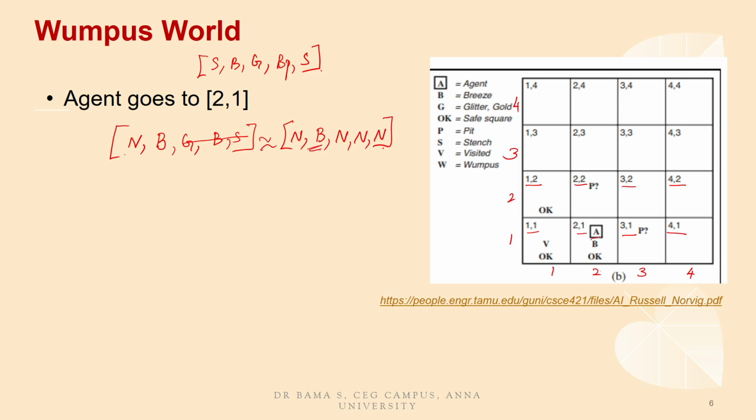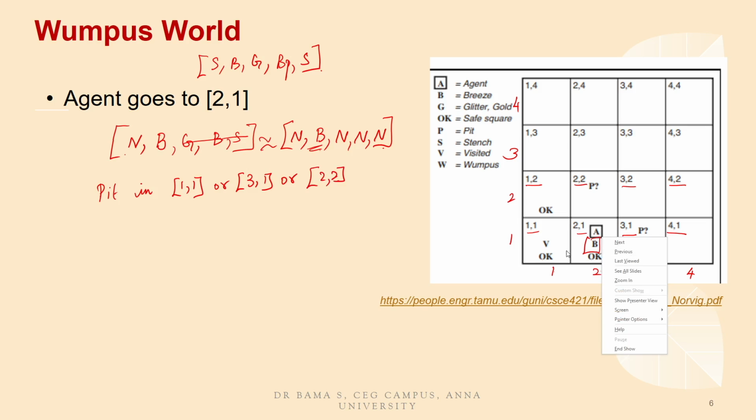So, if there is breeze, the agent thinks that okay, the pit may be in 1 1 or in 3 1 or in 2 2. When the agent is here, he would think that because the pit is nearby, either the pit will be here, or 2 2, or 1 1.